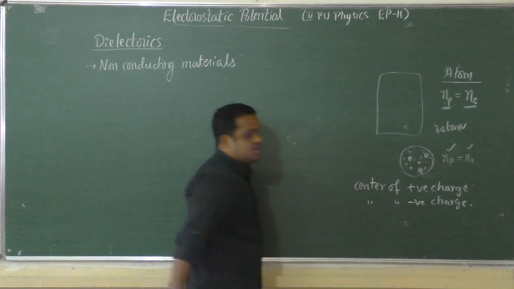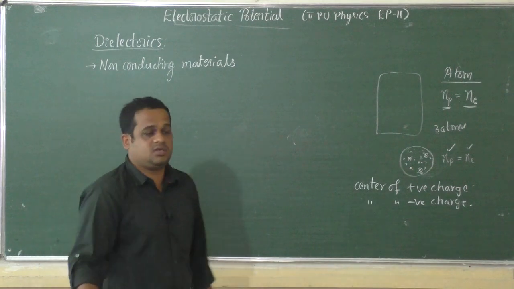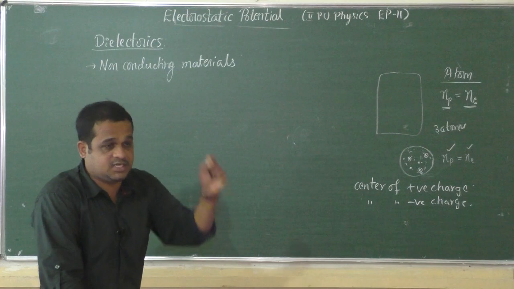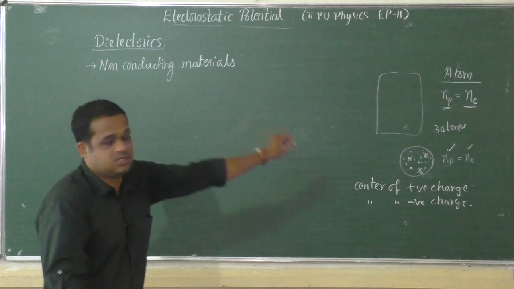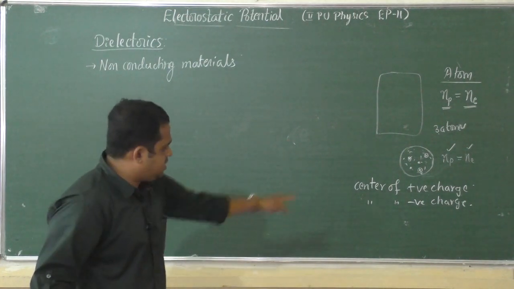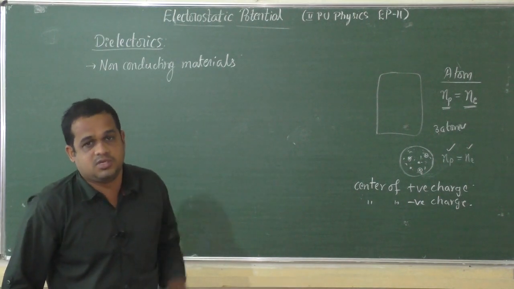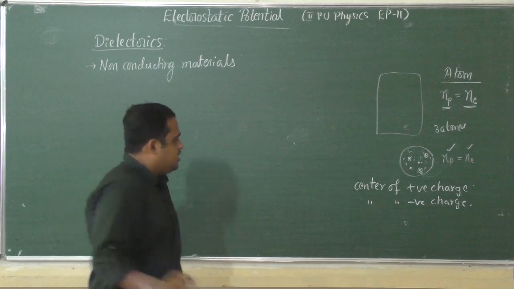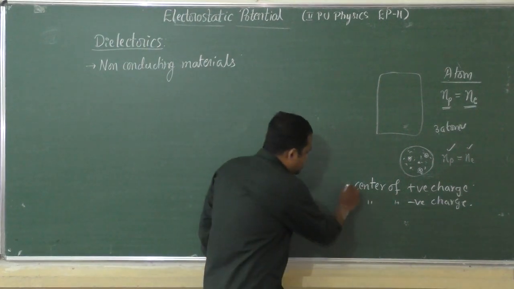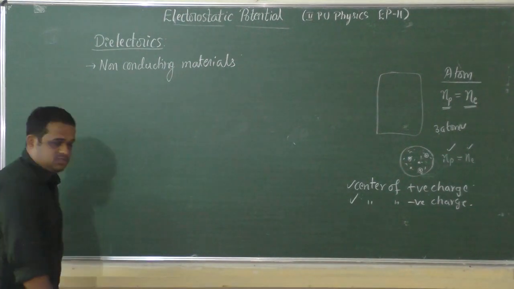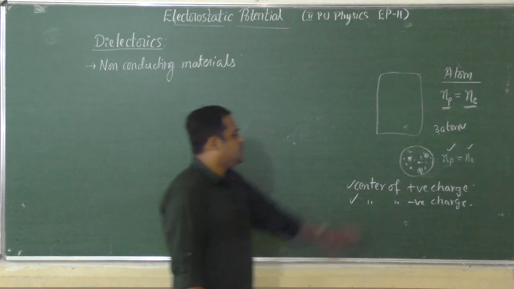Okay. In case of a molecule, we can define 2 points. One is center of positive charge at which entire positive charge of the molecule is assumed to be concentrated, and another one is center of negative charge at which entire negative charge of the molecule is assumed to be concentrated. Now, the location of the center of positive charge and negative charge is decided by the molecule.